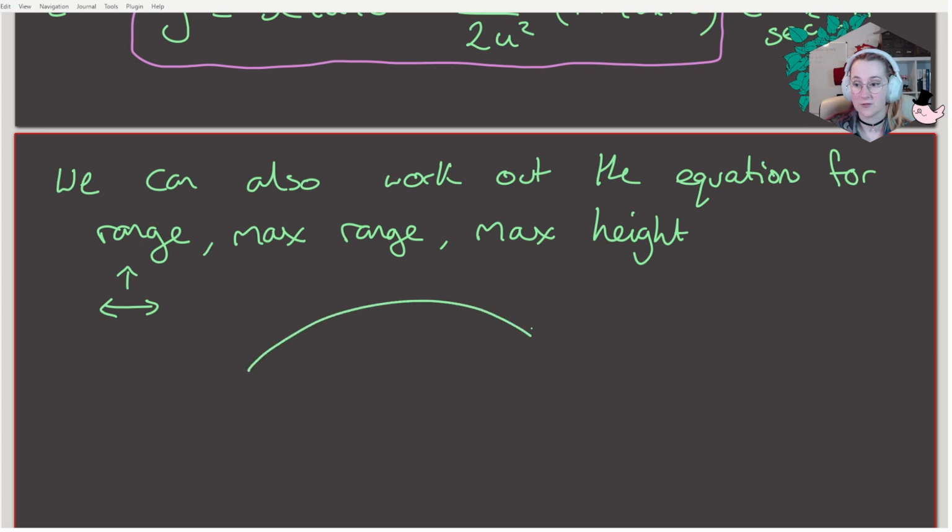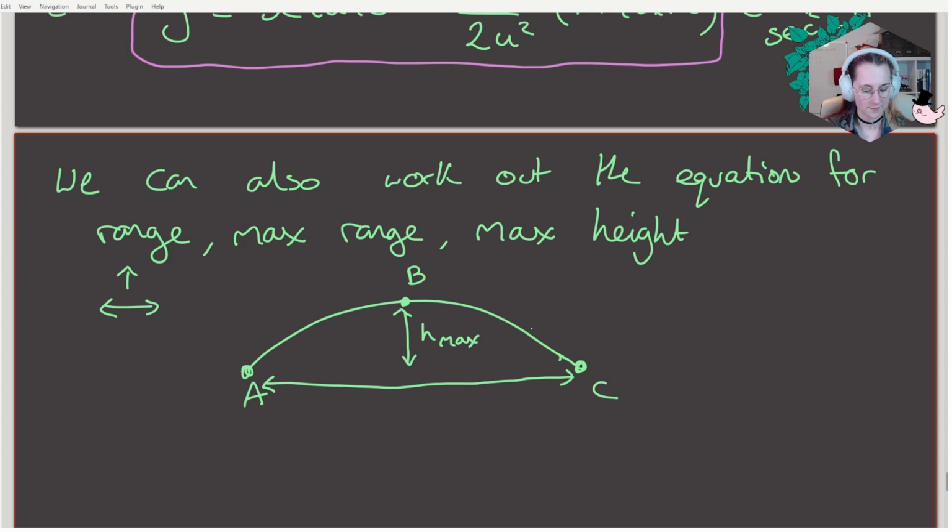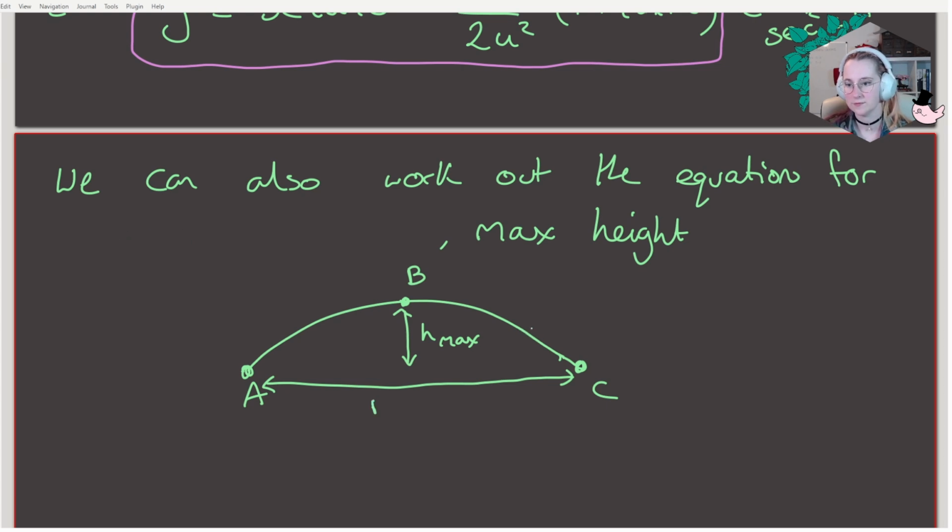So what that means is if we have something like this, where we have A, now we're going to put B up here and then C, we can work out this bit as H max, and then, do I mean max range? No, I just mean range. There were too many things. There we go.